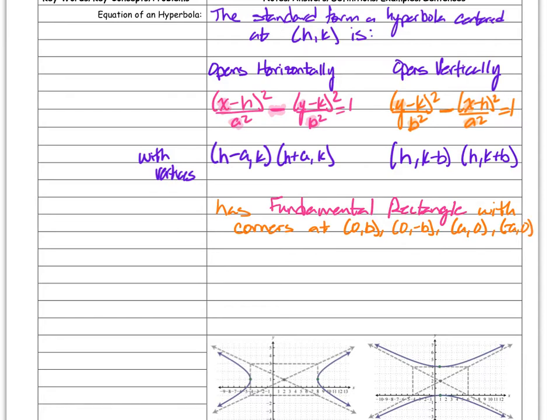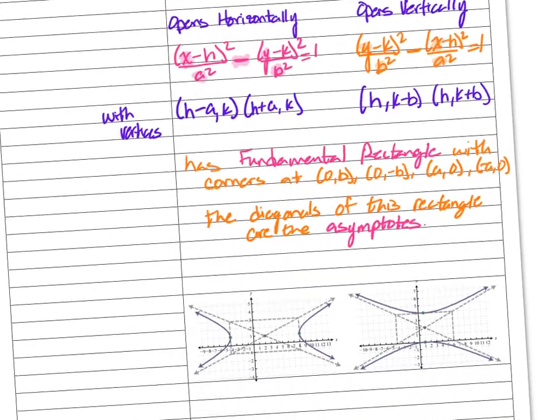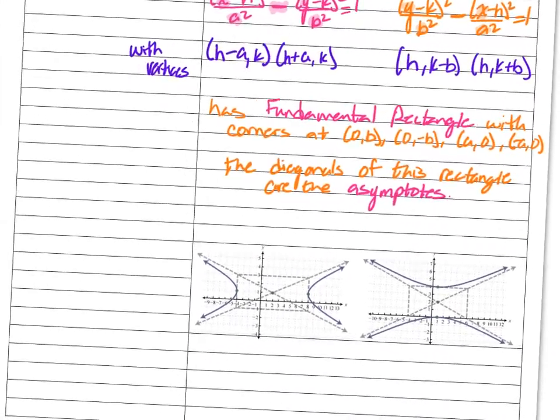Then the last thing is the diagonals of this rectangle are the asymptotes. Okay, so now I'm going to show you all those features that we're talking about. So you'll be like, what? So here we go.